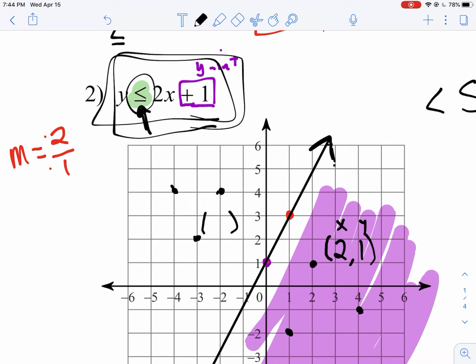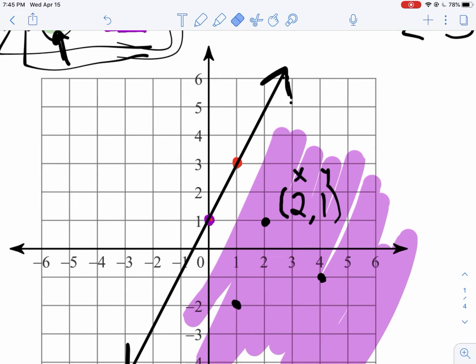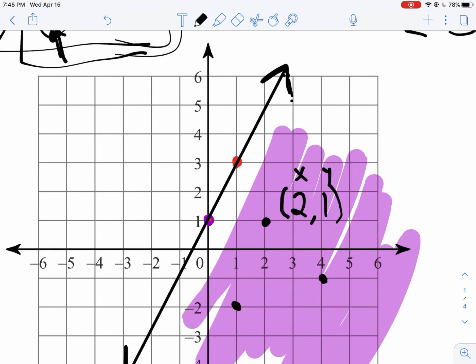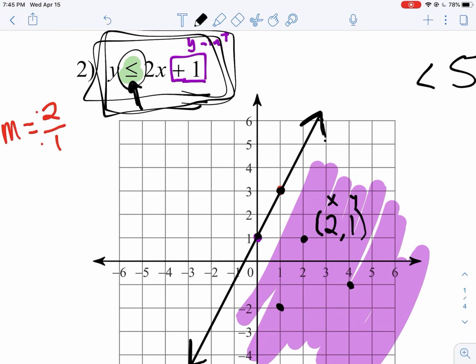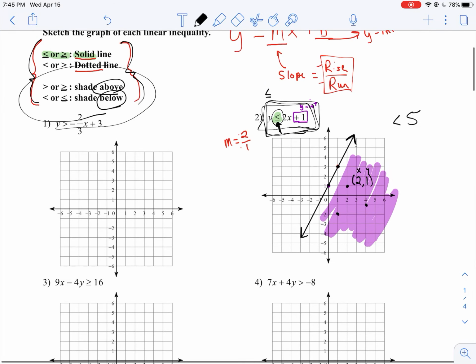These values, if I plotted them as x, y's, would not make it true. So that's what the shading's all about. That's why we're doing this like weird shading. Also, the solid line means that these dots are potential answers, or they are correct answers. If it was a dotted line, which we'll probably do next, then any points that are on the line would not be a part of my solution set.